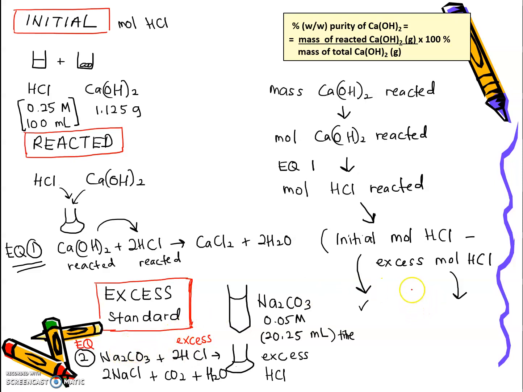Okay, so to find excess mole of hydrochloric acid, you have to find mole of sodium carbonate. Before that, you have to calculate first mole of sodium carbonate by comparing with equation 2.